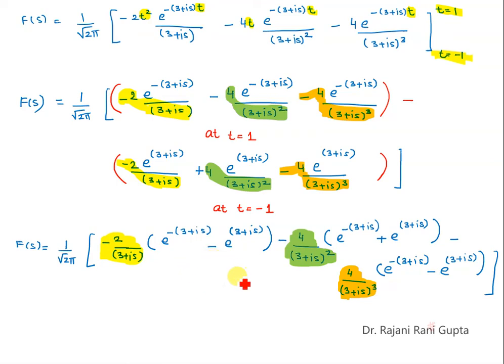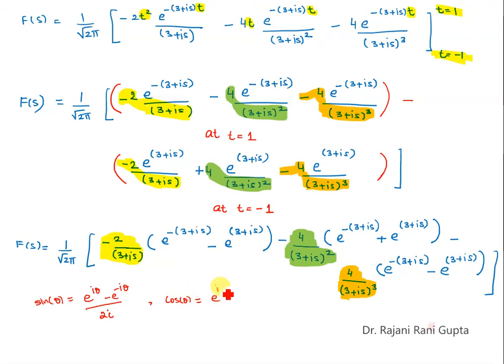So the formulas that I was asking you to search is, we can express the sine function in terms of exponential: e power iota theta minus e power minus iota theta upon 2i. Similarly, we have the rule for cosine of theta in terms of exponential.